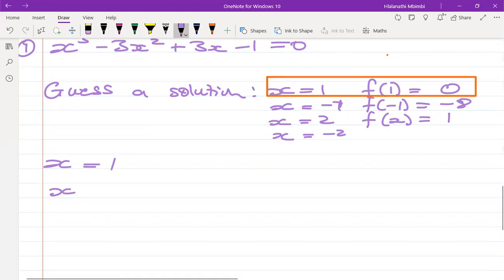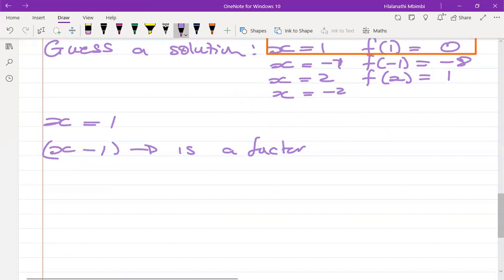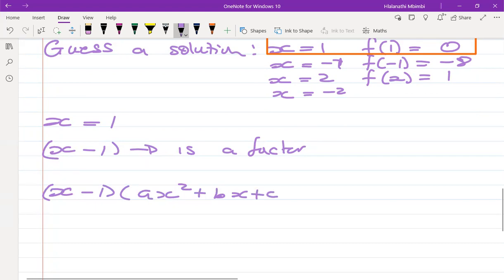It means that x minus 1 is a factor of that expression. What does that mean? It means that if you take x minus 1 and multiply it with something left behind, which would have to look like ax squared plus bx plus c, you should get x cubed minus 3x squared plus 3x minus 1.